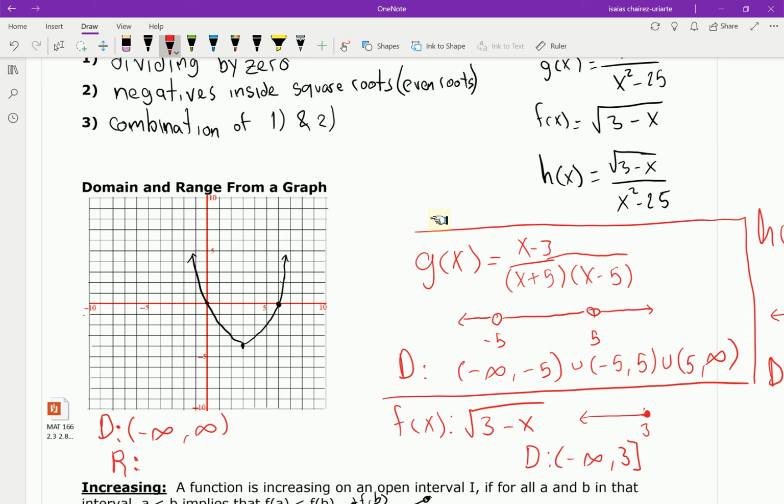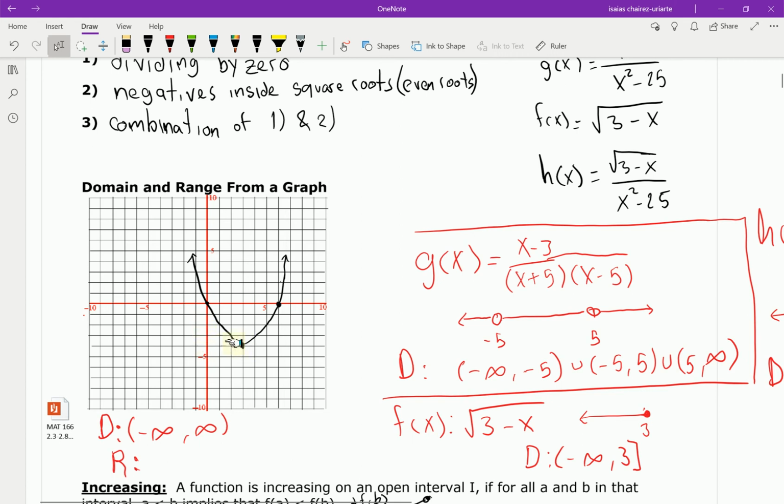What about the range? What's the range of the graph of this function? Now we're thinking y values. So how far down does my graph go? How far up does it go in the y? I would say that this graph goes as low on the y-axis as negative 4.